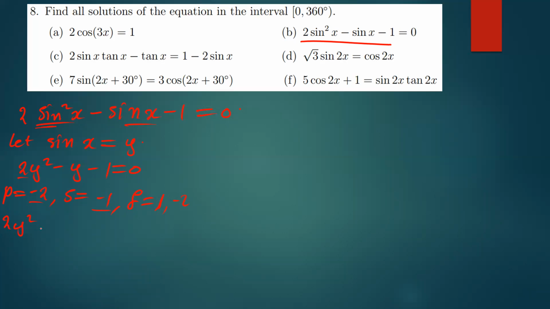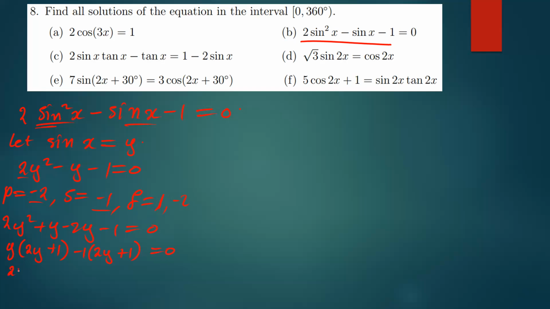So we have 2y squared plus y minus 2y, then minus 1 is equal to 0. We say y open brackets, 2y plus 1, then -1 is common, we have 2y plus 1 is equal to 0.